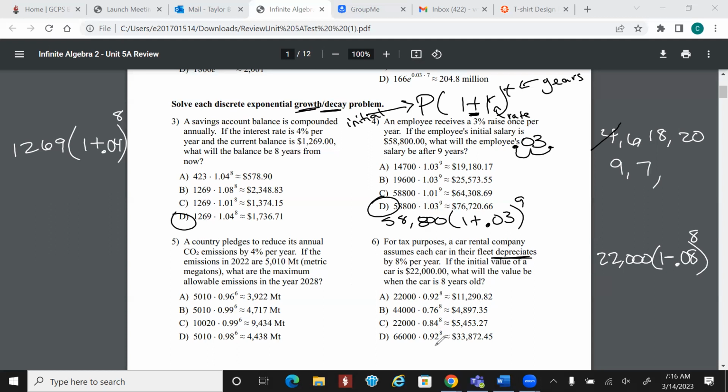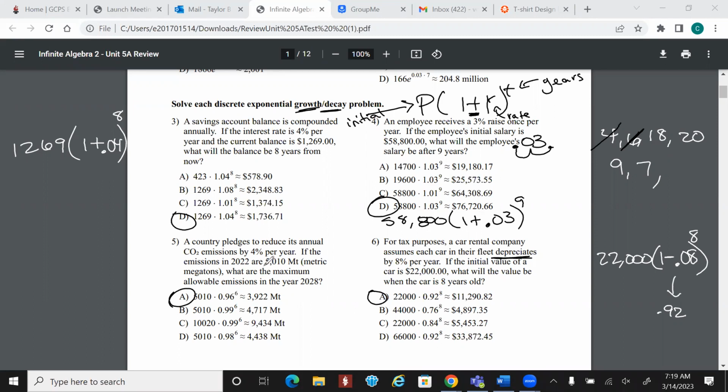So which one of these is like this? Well, what's 1 minus 0.08? That's 0.92, right? Which is A. Good. You should have gotten A as your answer, right? Anybody need me to go over that?